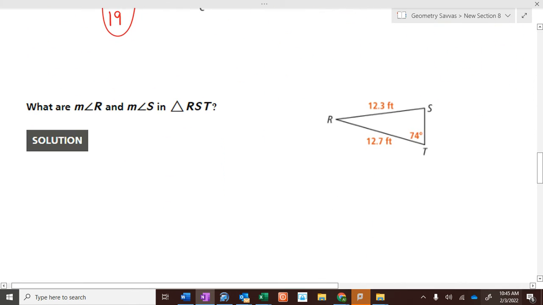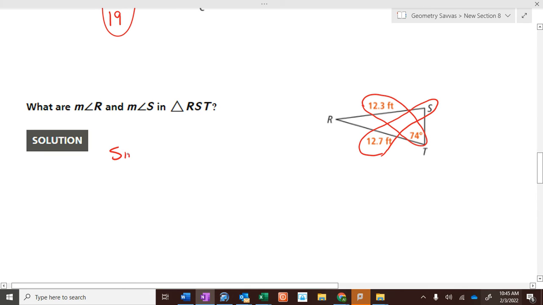Let's find angles now. It only involves one more step. 12.3 and 74 are opposites, right? So then 12.7 is opposite of what? S. So there's our opposite.